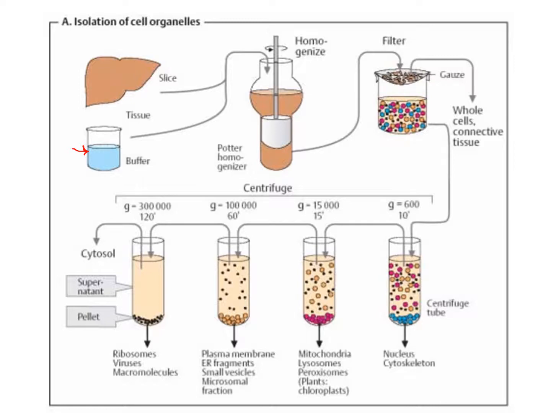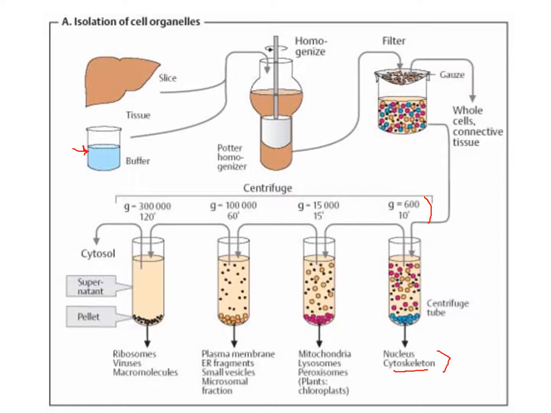You get rid of that. And now you have some broken cells, popped open cells. And then we do a low spin, 600 G for maybe 10 minutes, and we get the nucleus and the cytoskeleton, the actin, the myosin, the fibers, the microtubules.